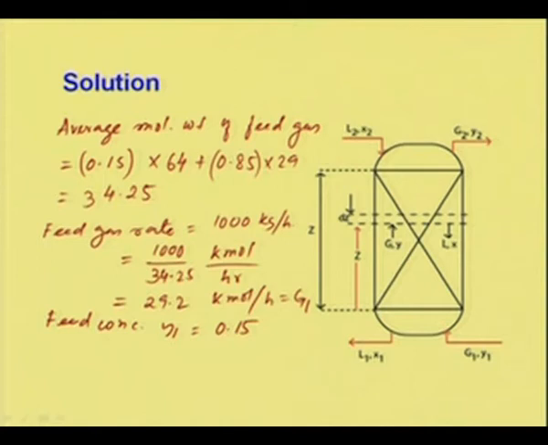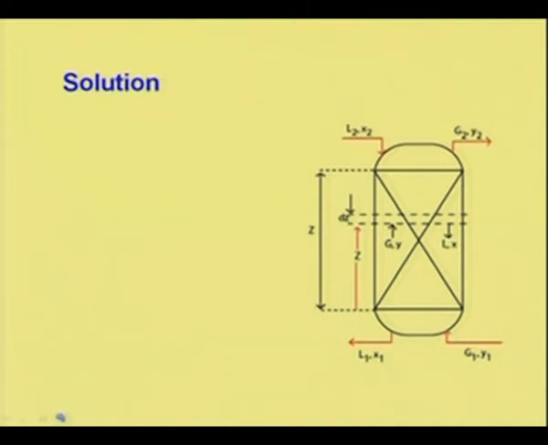So, capital Y we can calculate: 0.15 by 1 minus 0.15, which is equal to 0.177 mole ratio unit. Now, the feed gas rate on solute free basis we can calculate.